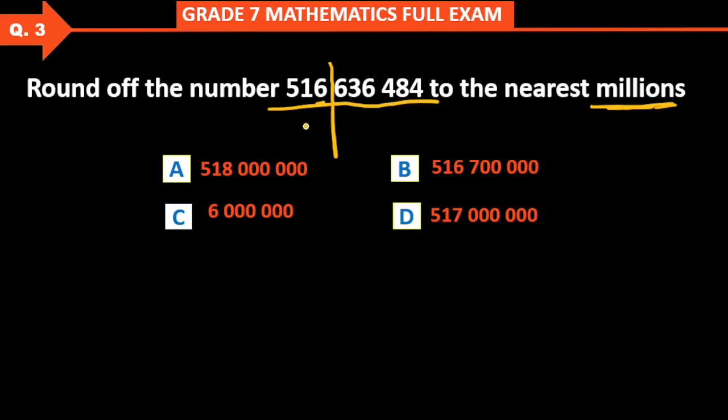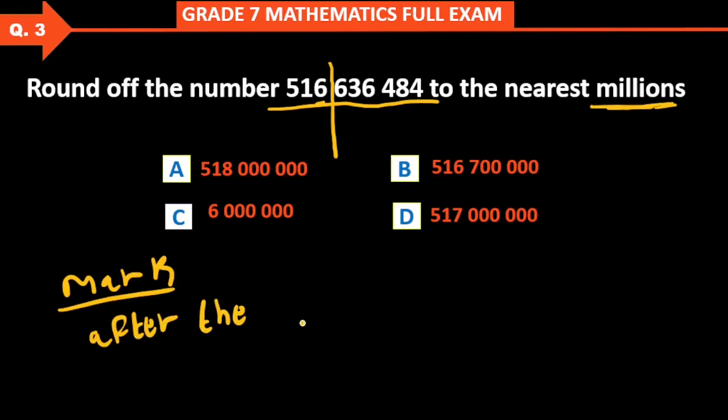So to be able to round it off, what we usually check is the number that appears right after our mark. You see, this is where we've placed our mark. And remember, the mark that we are placing should be after the millions place value.